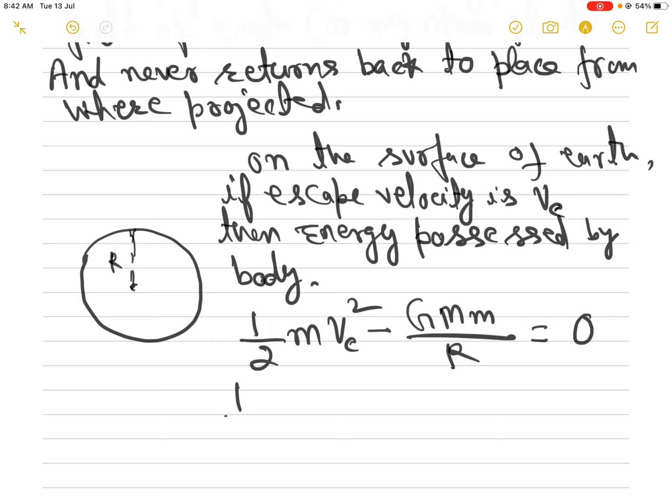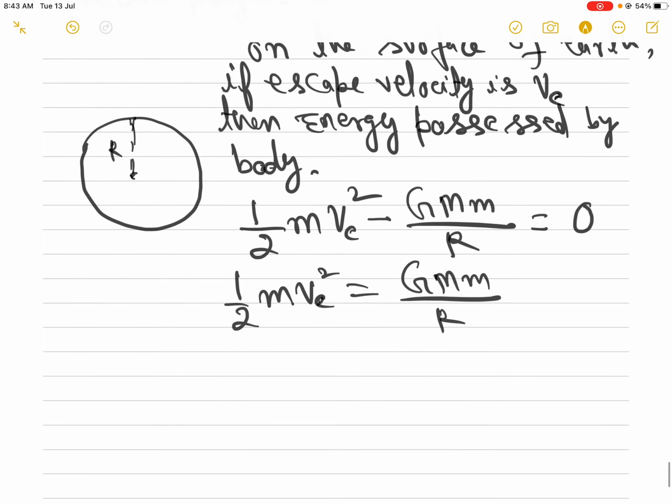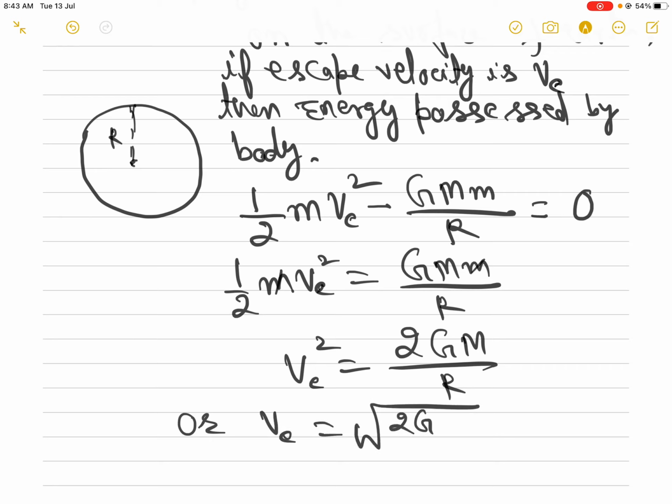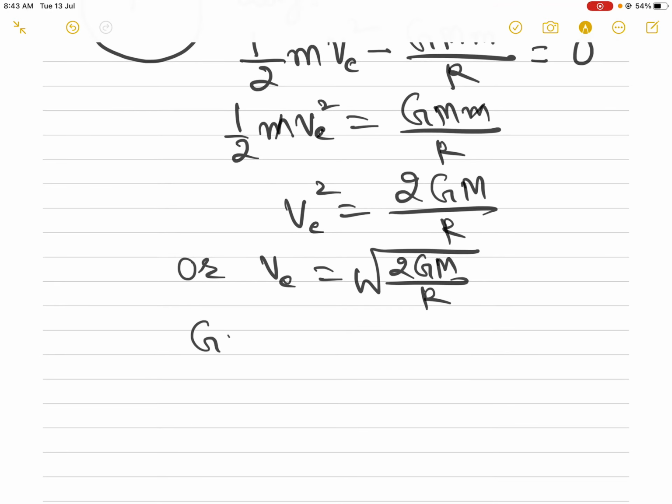So, half m V E square minus G M m by r equals 0, and we will get V E square is equal to 2 G M by r, and we know that G M by r square is equal to small g, means acceleration due to gravity.